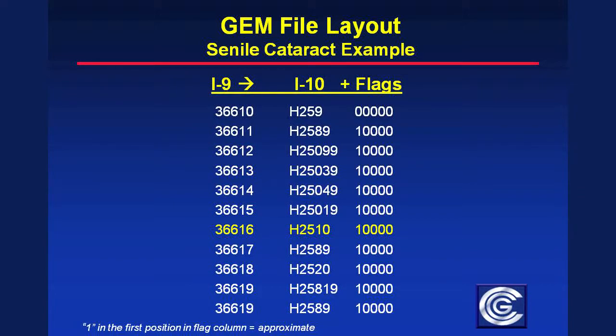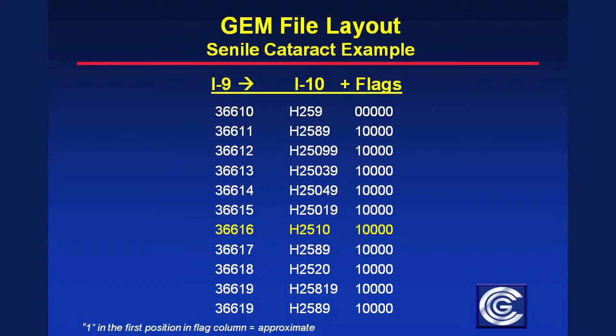Note that H2510 appears in column 2 next to 36616. Also, there's a flag set. The number 1 appears in column 3, so this answer is an approximation and not a precise code selection.